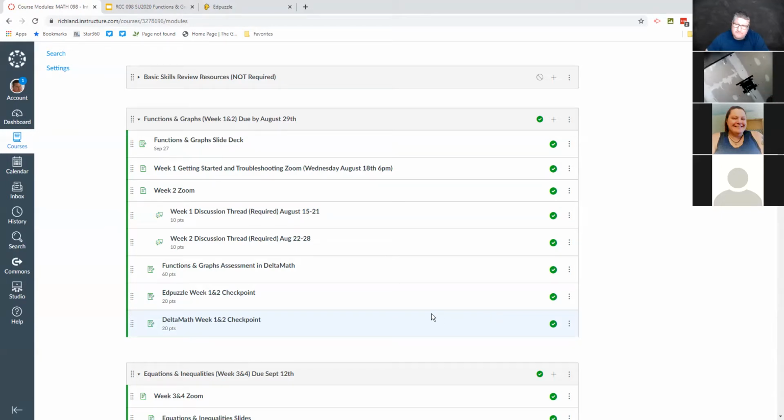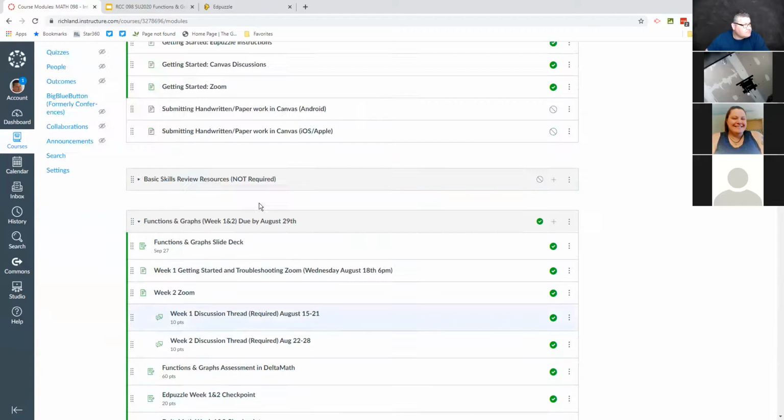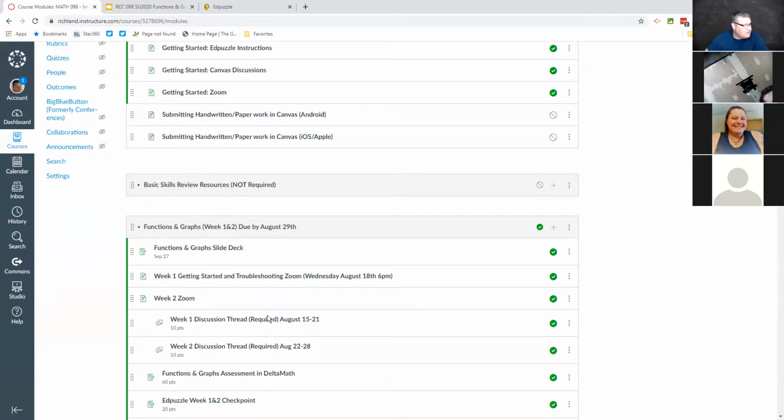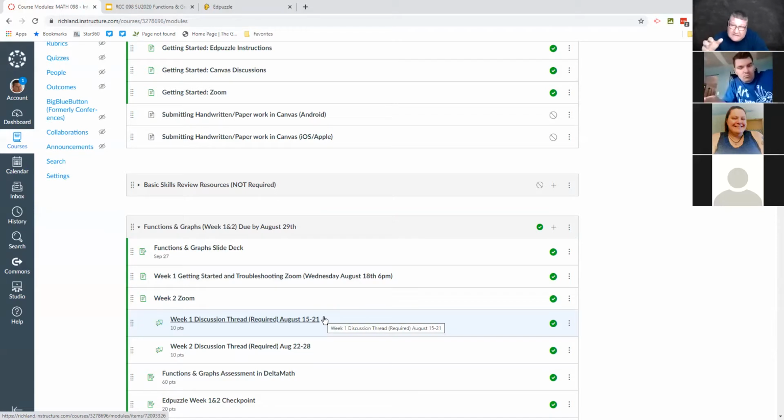So for week 1 discussion, where it says August 15th through 21st, that's still due the 29th then? You know what? Usually on the discussions, I don't get real wound up. Ideally, you would have it done by the 21st, because that's done during that week. But if you miss one, or if you're running late on one, just email me.